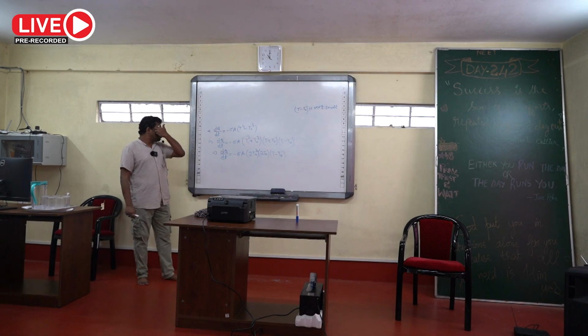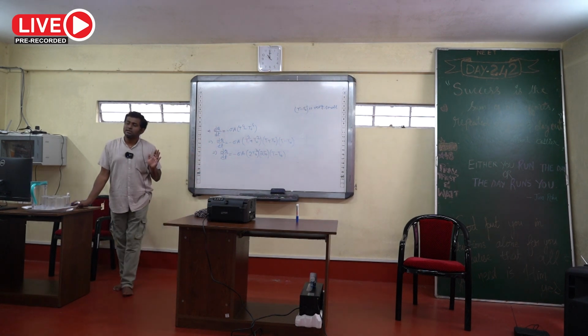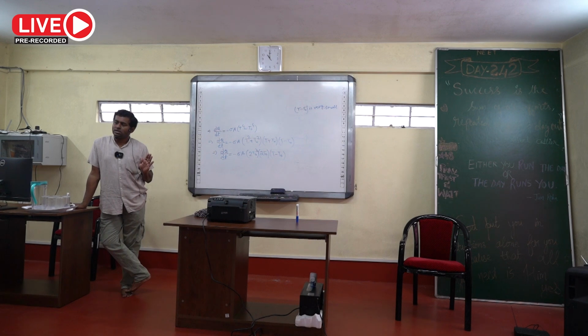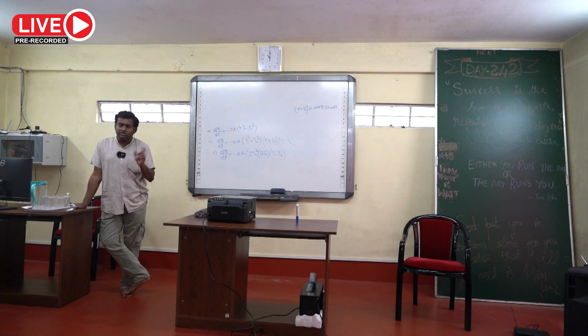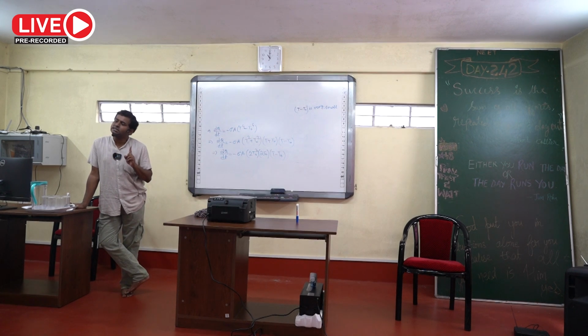I consider only T minus T naught as an appreciable amount, and wherever there is T plus T naught or T square plus T naught square, in each of those terms we put T equal to T naught, because T and T naught are very close. Only first order approximation is taken.